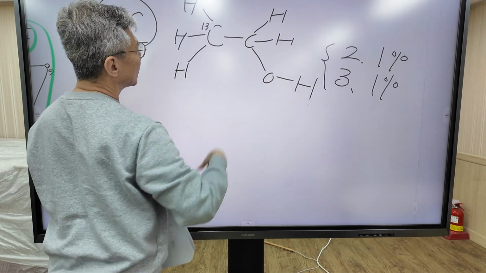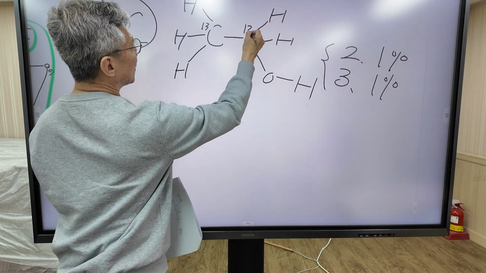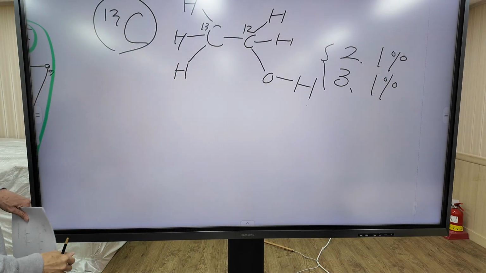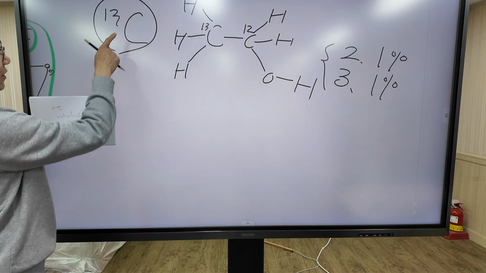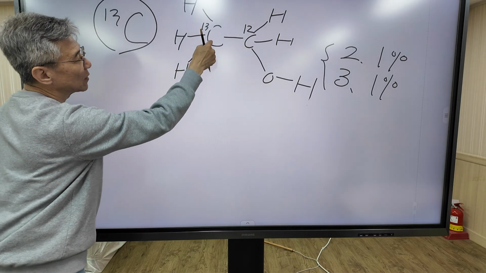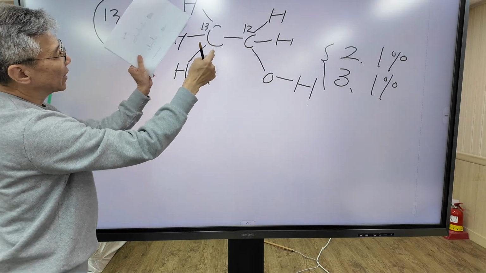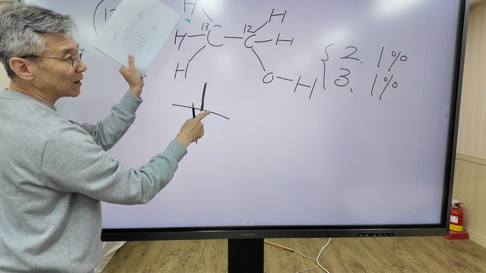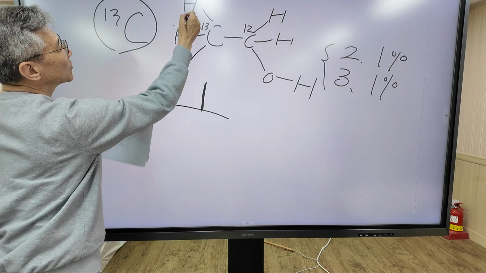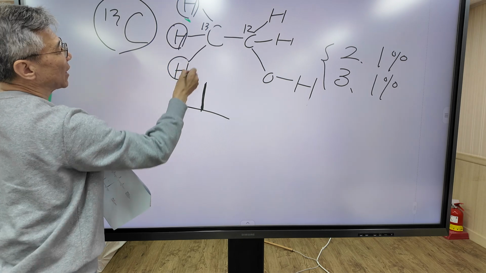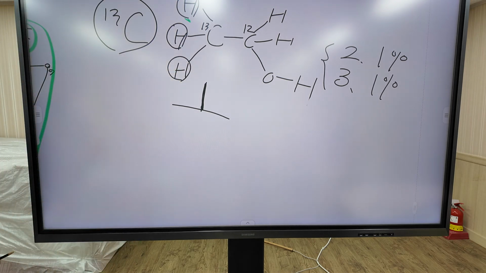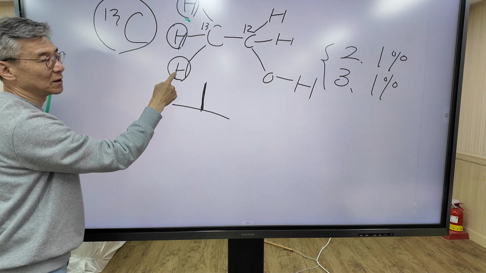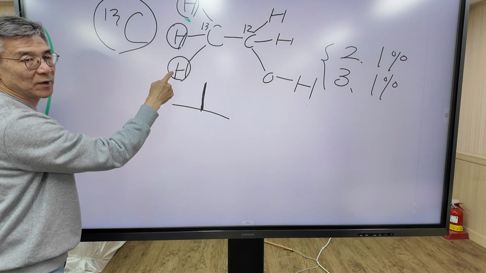In molecule 2, the carbon on the left is carbon 13. So when you measure the carbon 13 NMR spectrum, the signal comes from this carbon. Without hydrogen, only a single peak would appear. But the carbon is coupled to 3 hydrogens. As we explained, this hydrogen has charged spin, so it is actually a magnet.